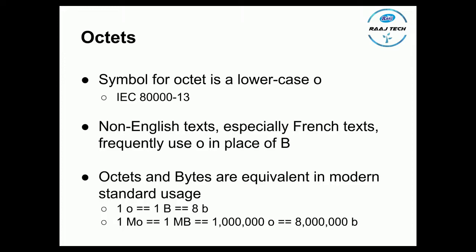It's just mega octet or giga octet, but they mean the same thing because octets and bytes are equivalent in modern usage. So by modern standards, 1 octet is equal to 1 byte, and that's equivalent to 8 bits. If you see a French text that says 1 capital M lowercase o, that is equivalent to 1 uppercase M uppercase B, which is equivalent to 1 million octets or 1 million bytes or 8 million bits.